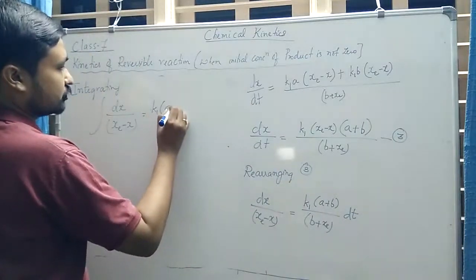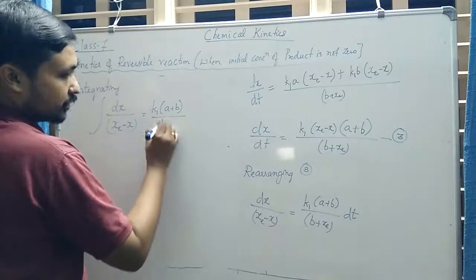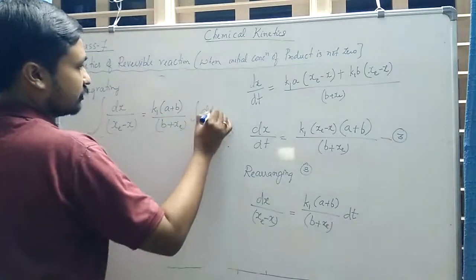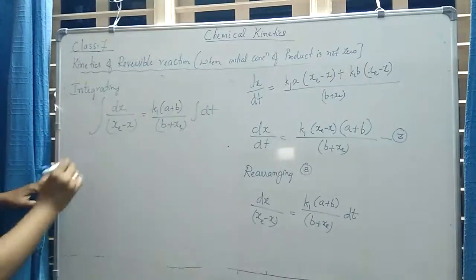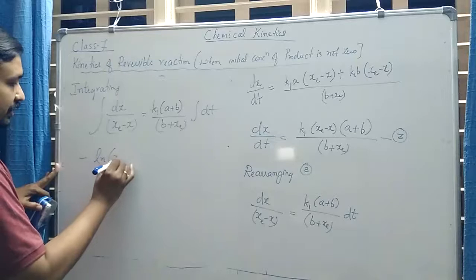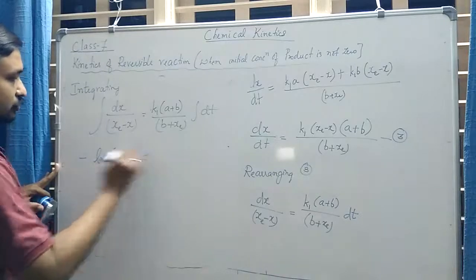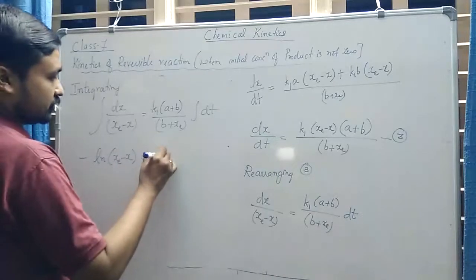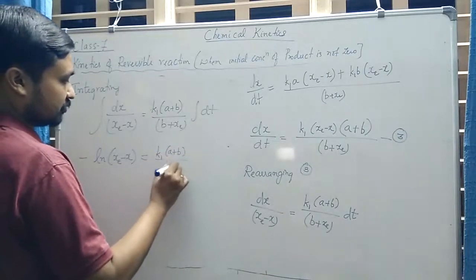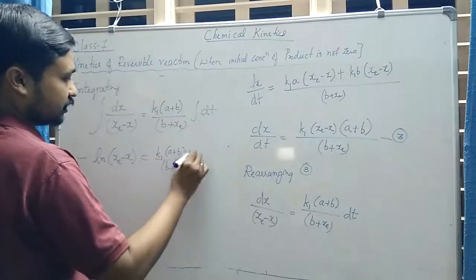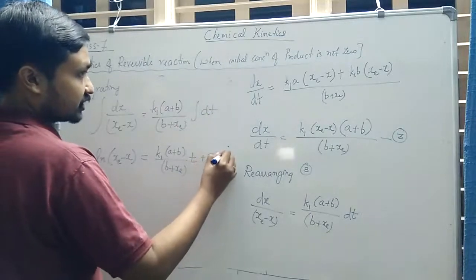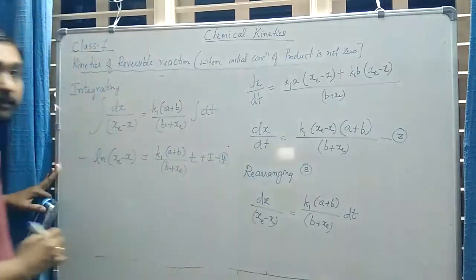So k1 into a plus b divided by b plus xe into the integration of dt, that is, this is minus ln of xe minus x is equal to k1 into a plus b divided by b plus xe into t, the integration of dt is t, plus the integration constant I.